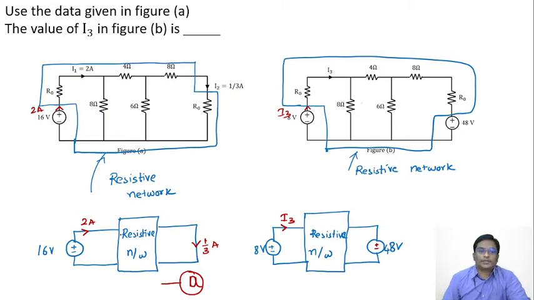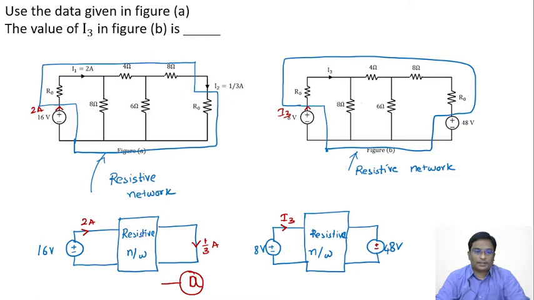Similarly, this is a resistor network, a linear, passive, bilateral network. All linear passive bilateral networks obey the reciprocity principle. What do you mean by reciprocity? Even by interchanging the source from the input terminals to the output terminals, you get the same response.